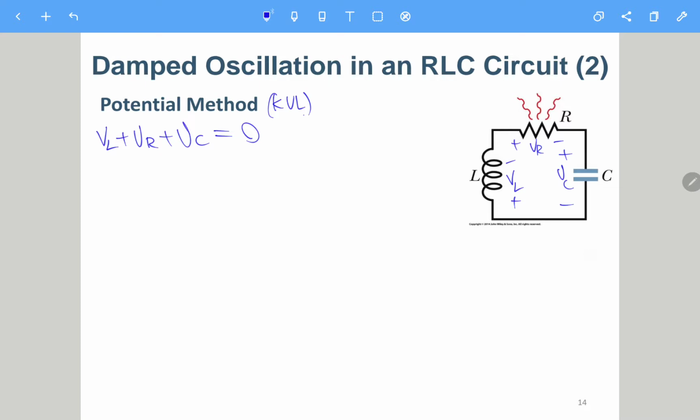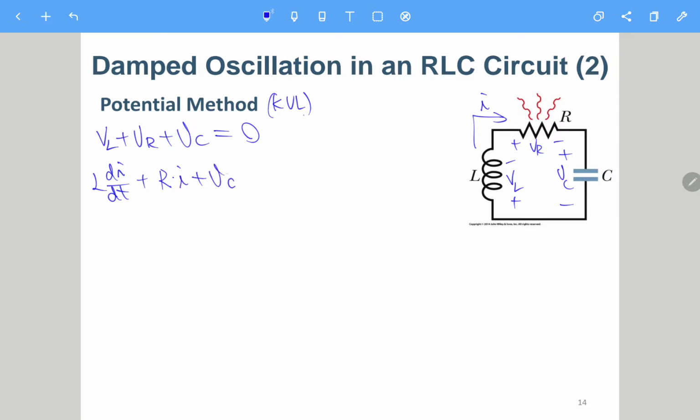Next, we also define the current in a clockwise direction. VL is nothing but L di/dt, and VR is nothing but R times I according to Ohm's law.